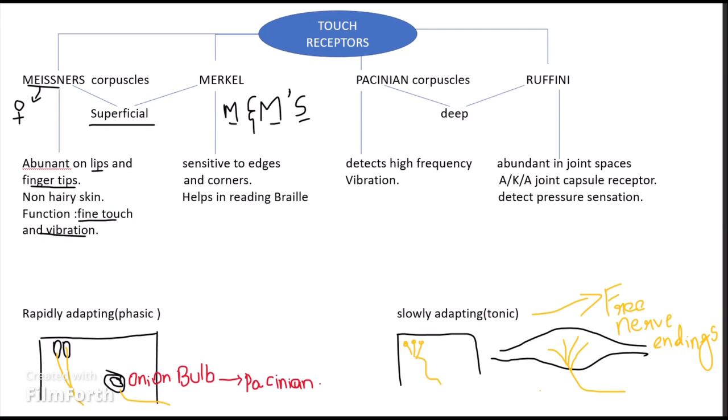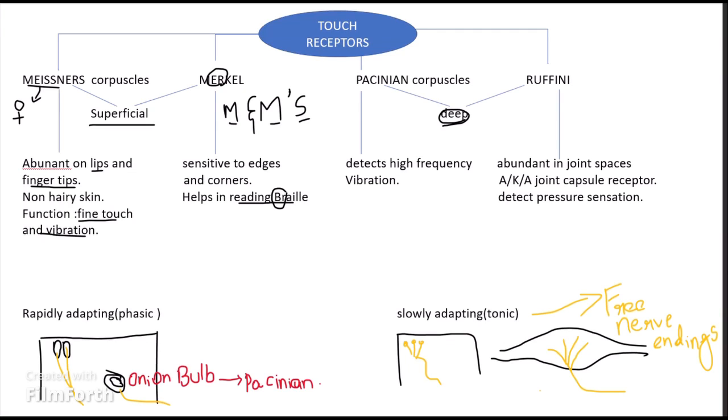Then coming to Merkel. Merkel is sensitive to edges and corners. Helps in reading Braille. Merkel, Braille, R for R, and sensitive to edges and corners. Pacinian corpuscles and Ruffini's end organs are deep receptors.